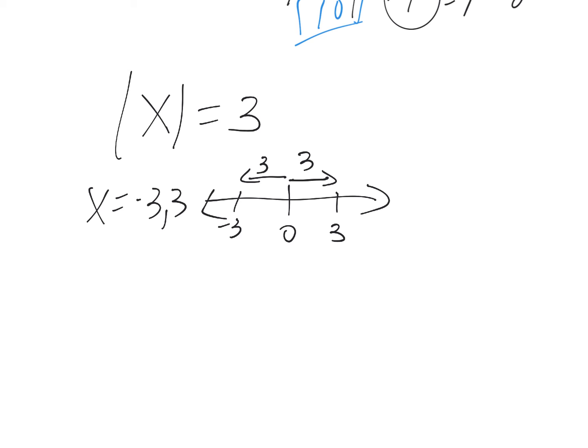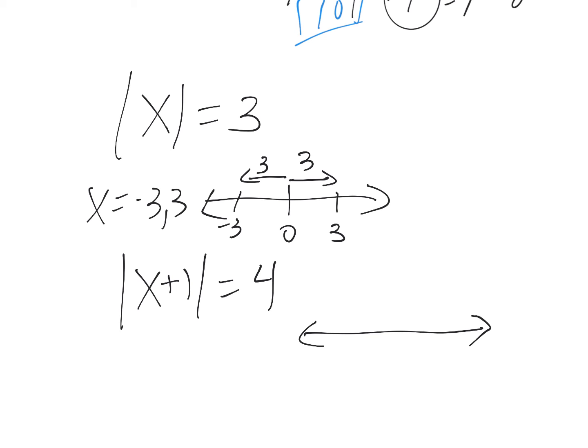All right. Then if I give you another one, let's say the absolute value of x plus 1 is 4. Again, the distance, 1, 2, 3, 4, 5. It's still the distance from 0, but what happened is I now have stuff happening on the inside with this x. So it's saying x plus 1, so technically I moved it to the left to a negative 1.